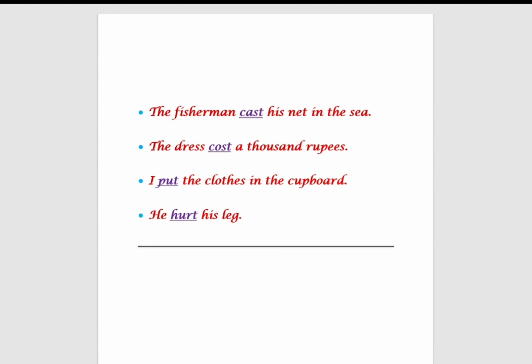There is no change in the verb, only the meaning changes from present to past. And note that the verbs that do not change into the simple past forms by adding d, ed or ied are called irregular verbs. I'll be discussing this later.